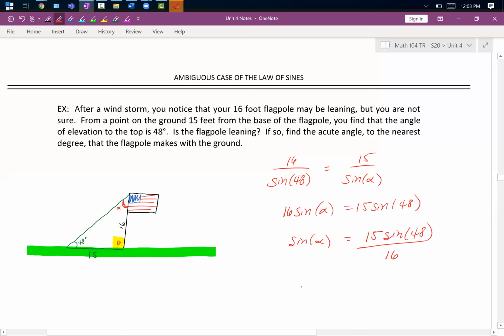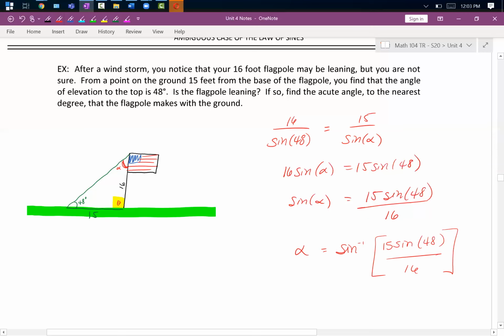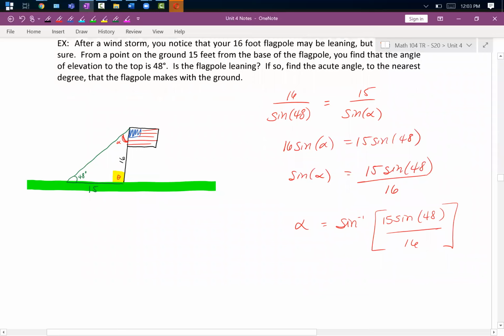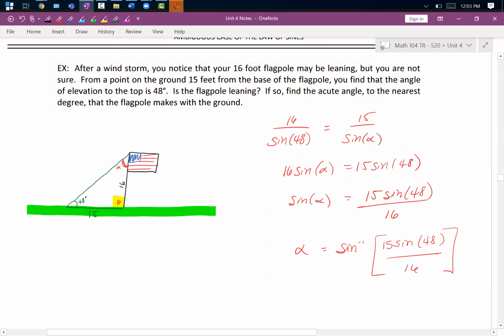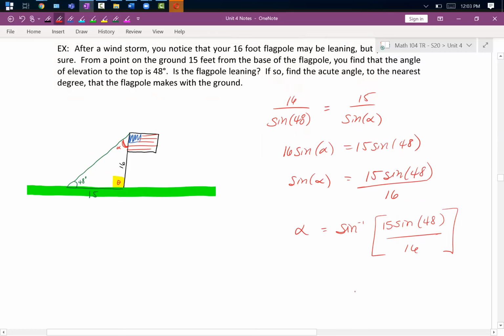And then we'll use our inverse sine. We get alpha to be 44.16 degrees. Questions on anything we've done?